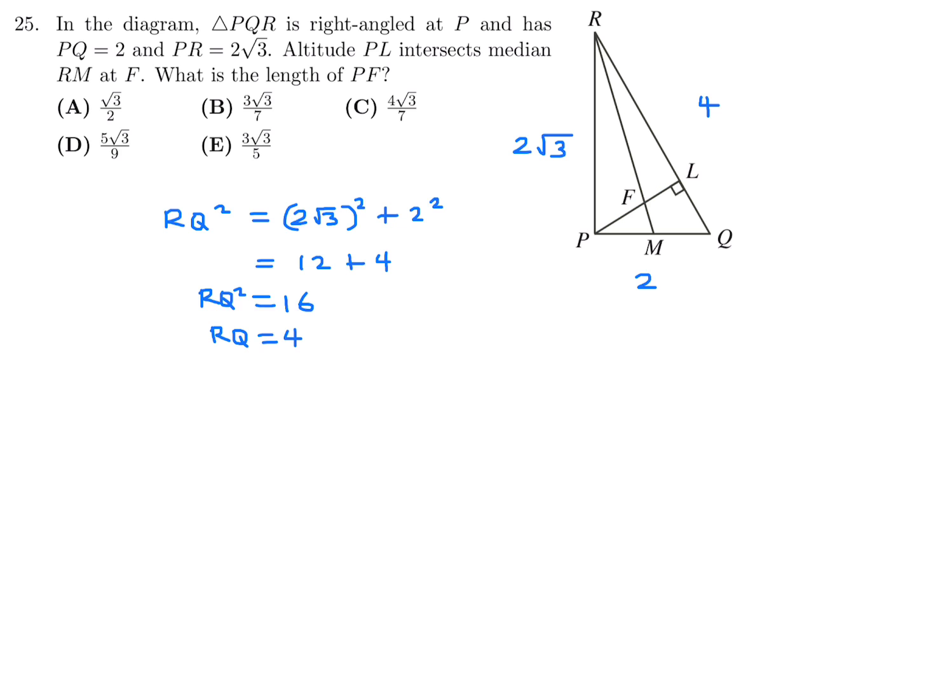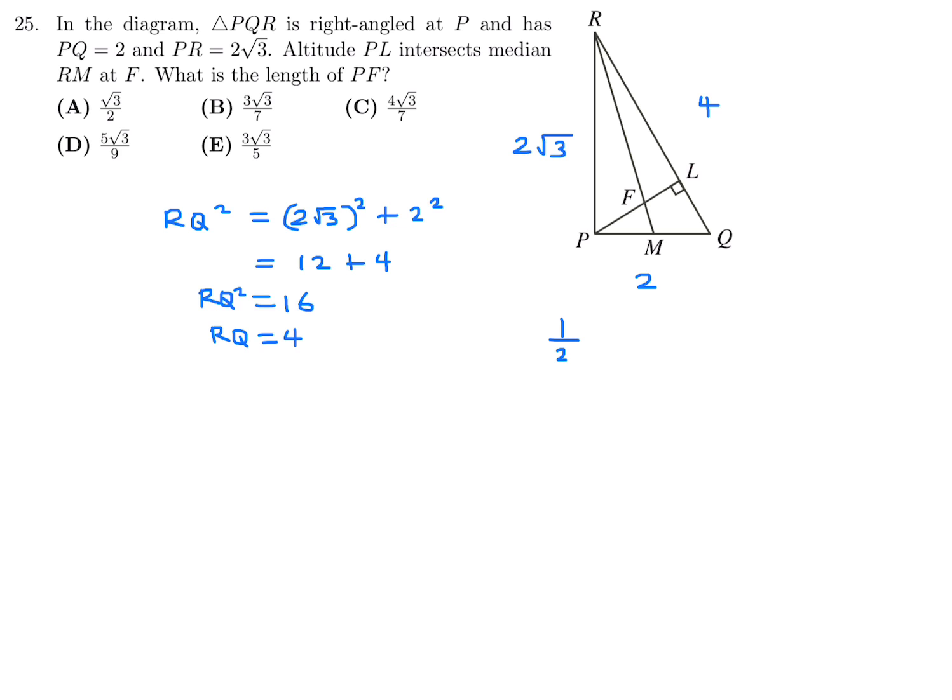How? Well, the area of the triangle, the big one, the whole thing, PQR, can be calculated in a couple ways. The first is by using this as the height and this as the base. And the second is by using that as the height and that as the base. And both of those, of course, will be equal to each other since they both represent the area.